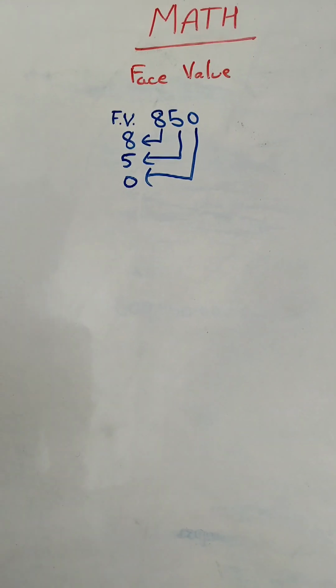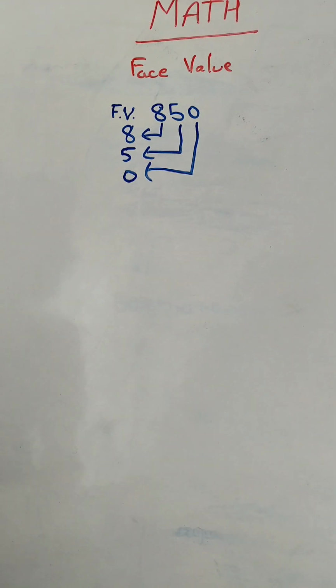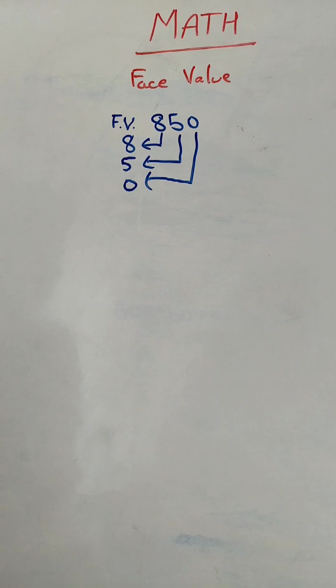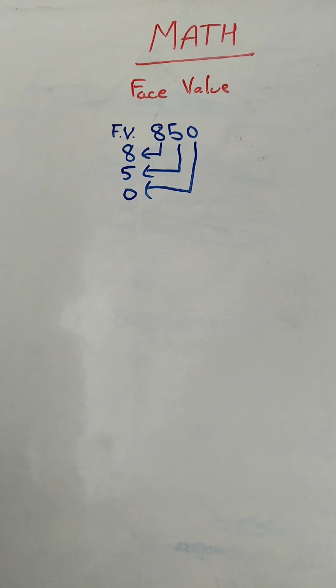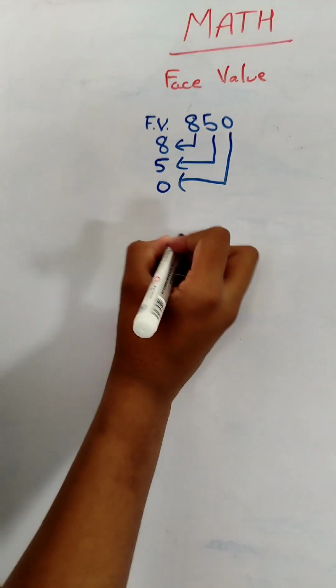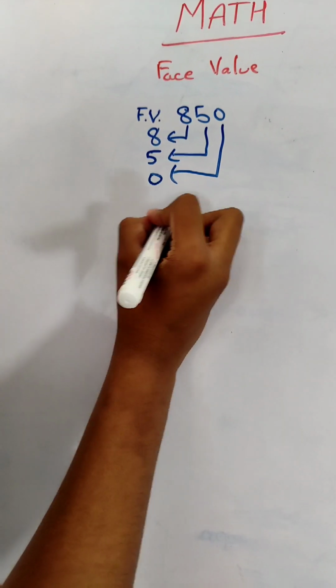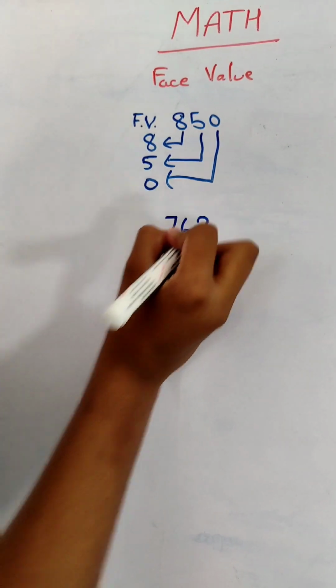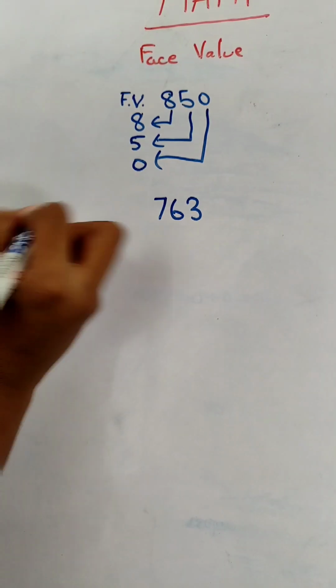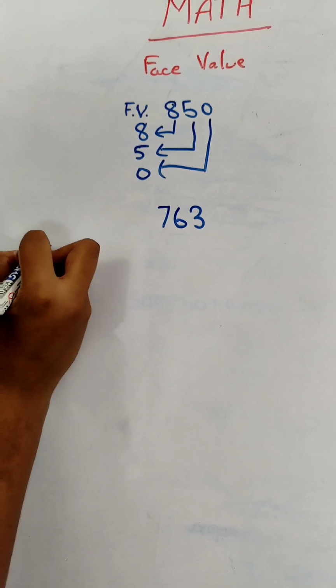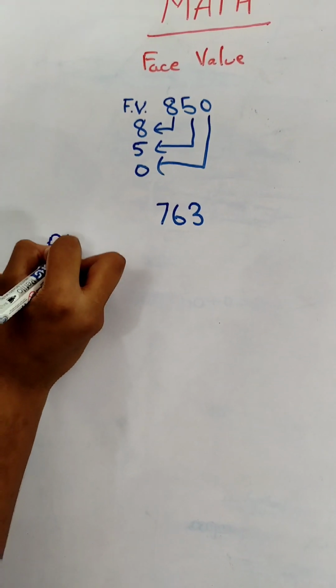To understand place value and face value in more depth, and to not get confused, let's take two more examples. First, let's take the number 763.